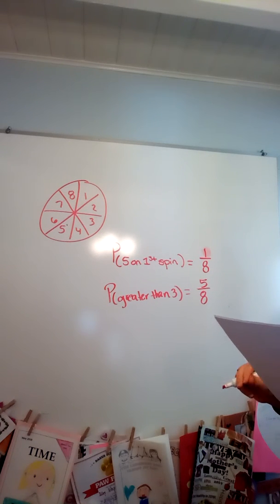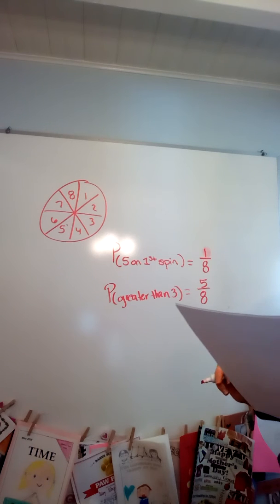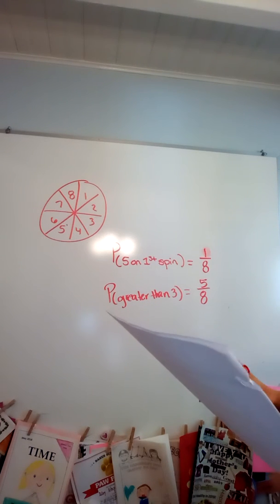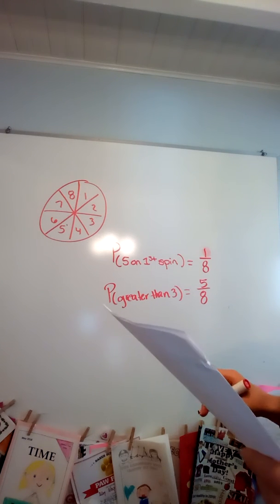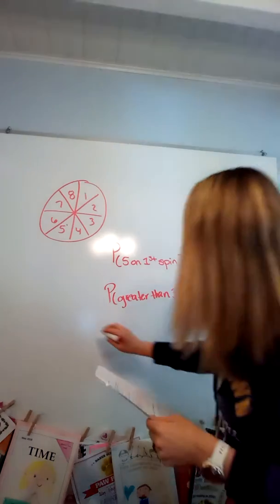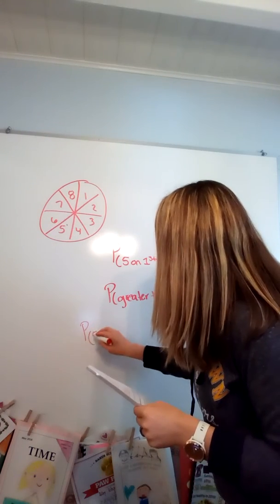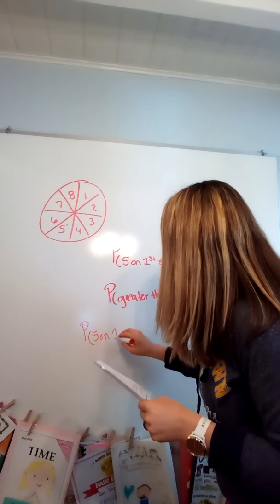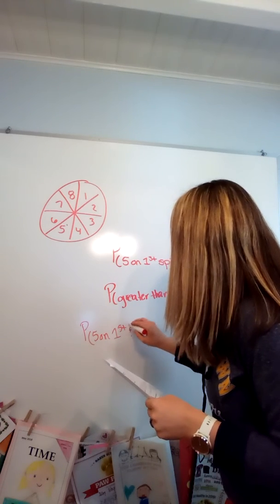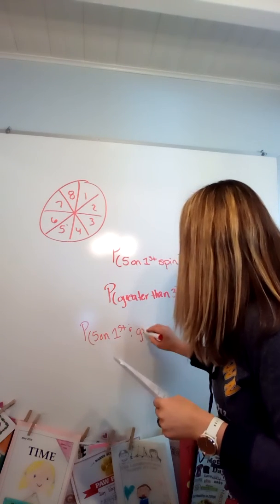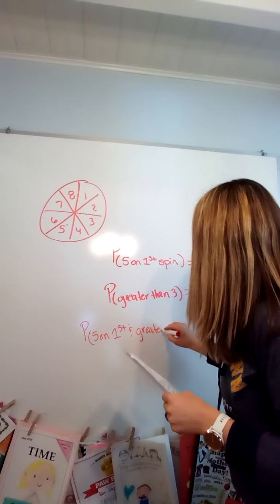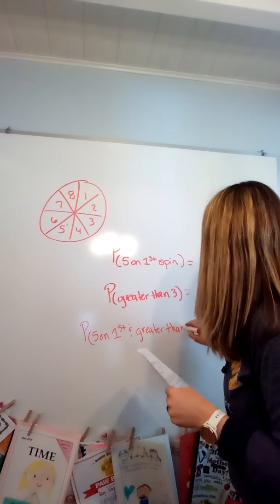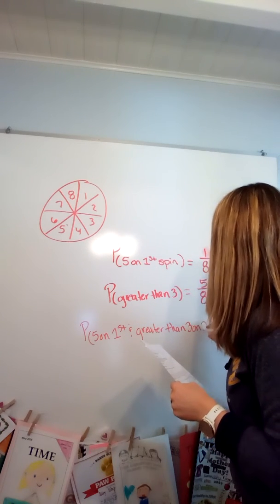Okay, so find the probability that you get a 5 on your first spin and a number greater than 3 on your second spin. So probability of 5 on first and greater than 3 on second.